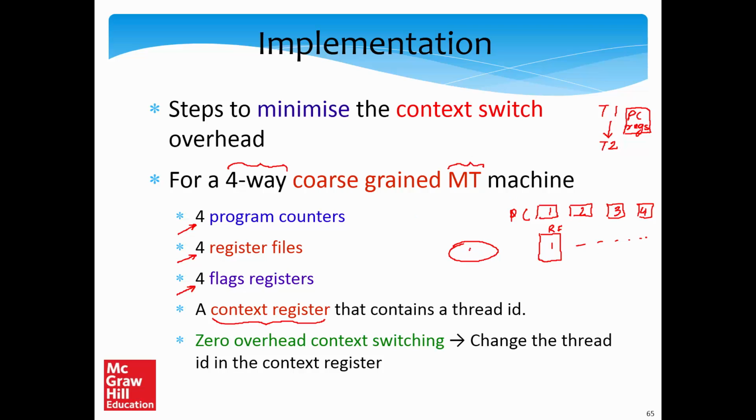Now let's assume that thread 1 is executing. If we want to execute instructions of thread 2, we just change 1 to 2. Immediately the processor will use the program counter and the register file of thread number 2. So this is a fairly fast way of performing a context switch and quickly changing to another thread.